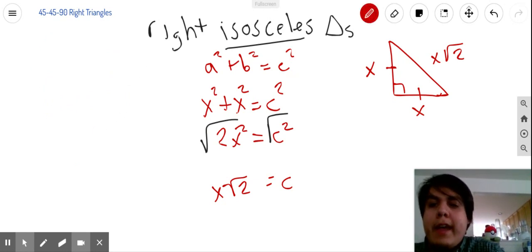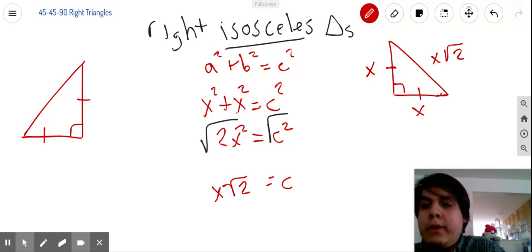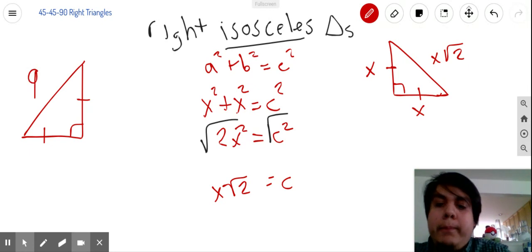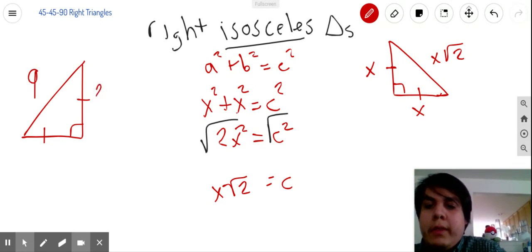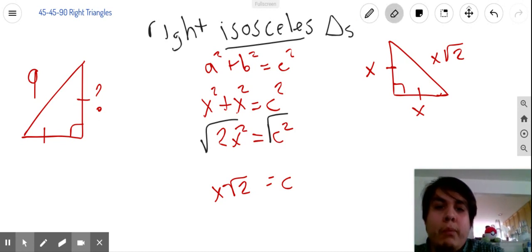Let's say we have a triangle here, and I know that this side length is 9. Now I'm trying to figure out what this side length should be over here. So keeping in mind the relationship that we have, I know it's a right isosceles triangle.